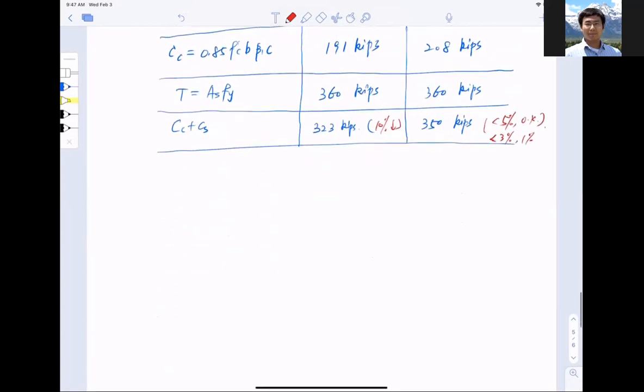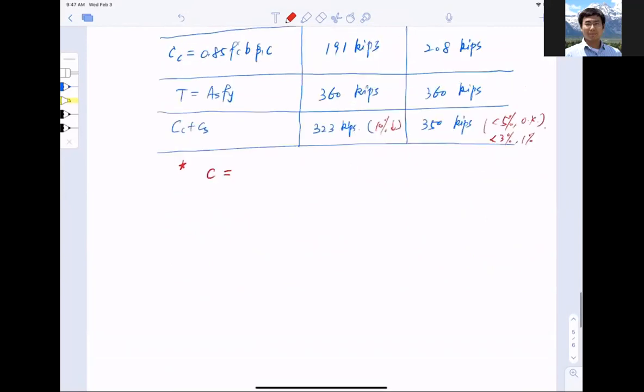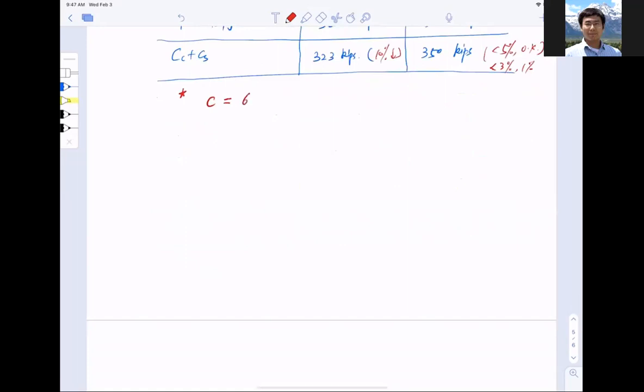All right. So now I've decided my C. Using our table, C should roughly equal 6 inches. And with that, I can now proceed. So what do I do now? I need to check epsilon s, not epsilon s prime, the strain in the steel. And this strain in the steel, epsilon s, will equal (d minus c) divided by c multiplied by epsilon cu.